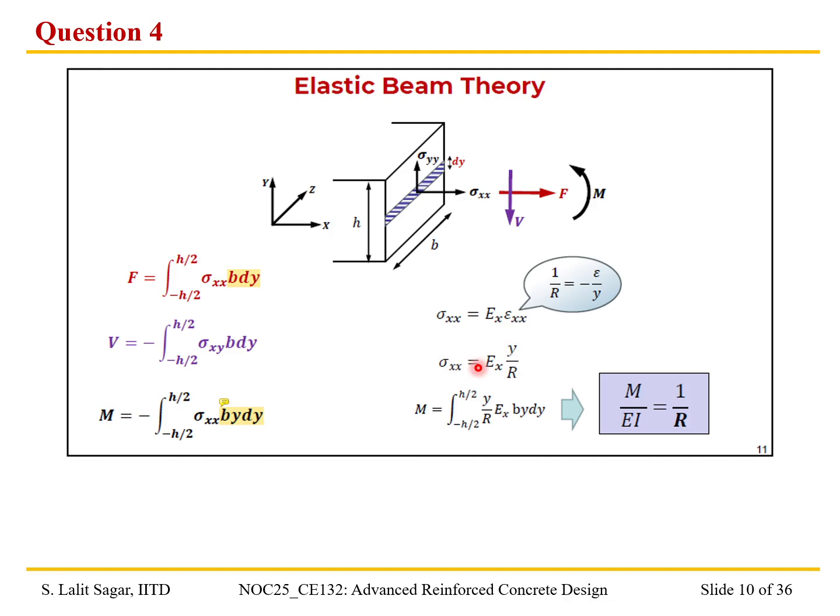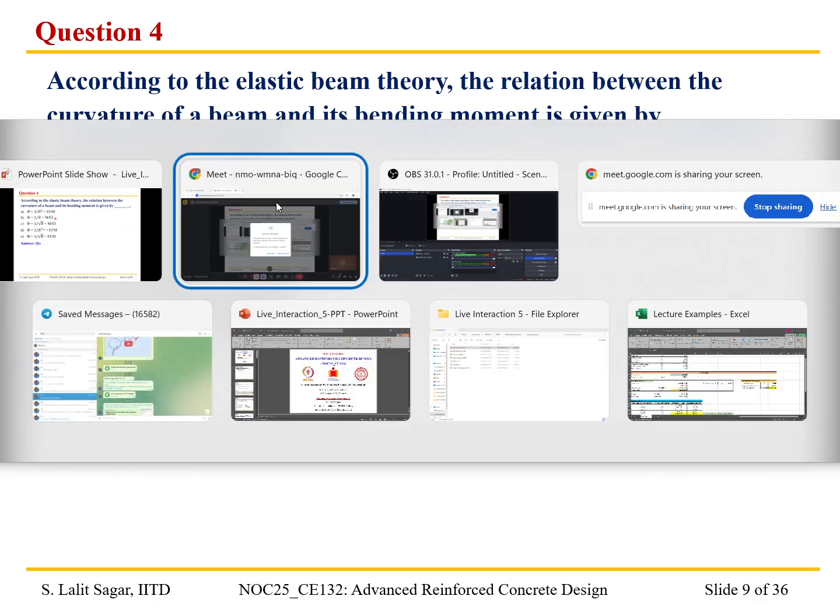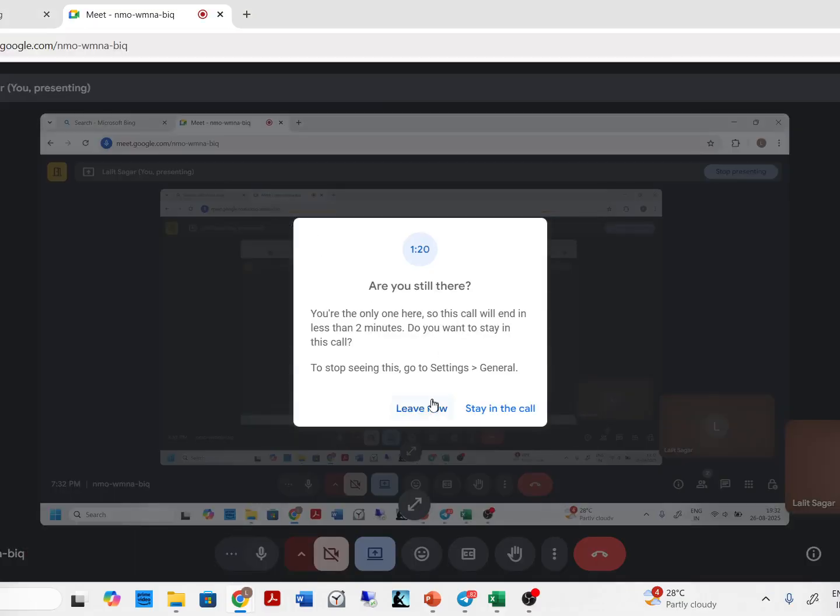Then when we integrate this term, we obtain the relation where curvature phi is equal to 1 by r is equal to M by EI. So the correct answer for this question is option B, that is phi is equal to 1 by r is equal to M by EI.